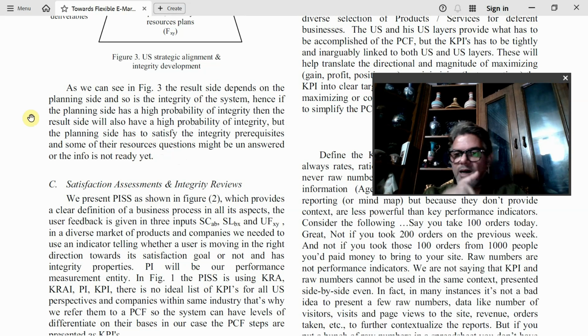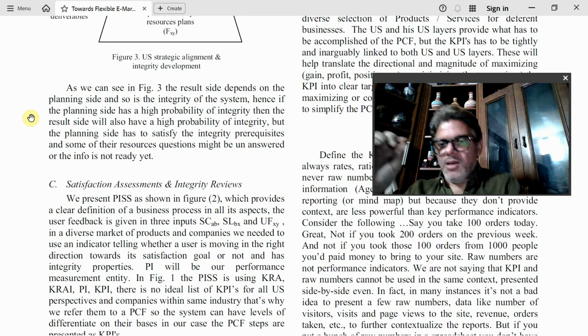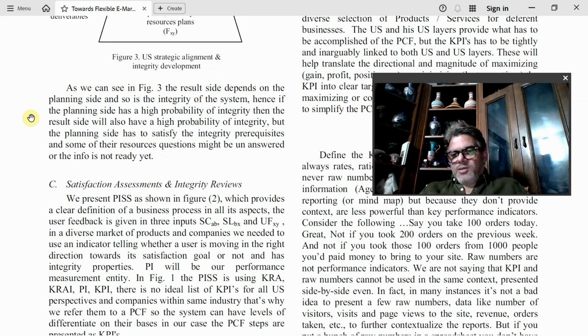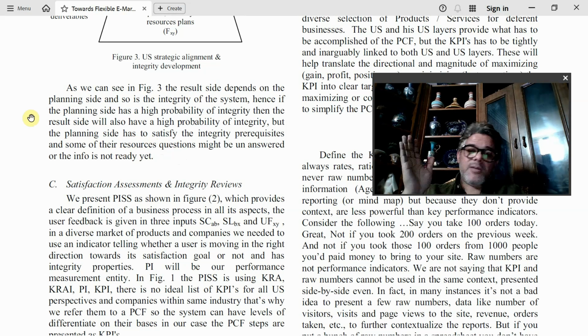On the planning side, I need to ask simple, direct questions. It doesn't matter how many questions. It's like the question on every internet page: did you like this page?